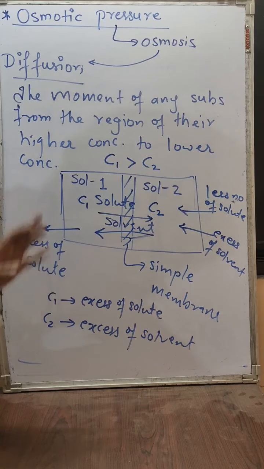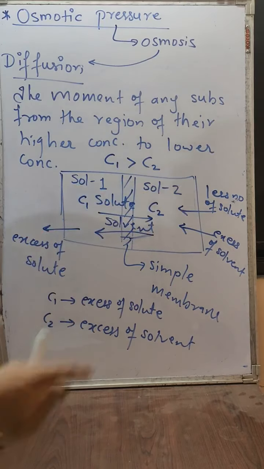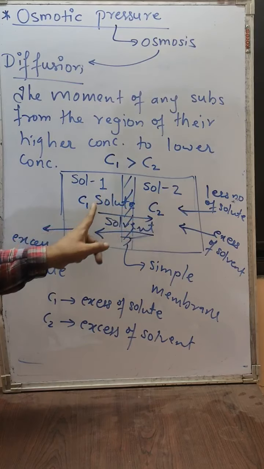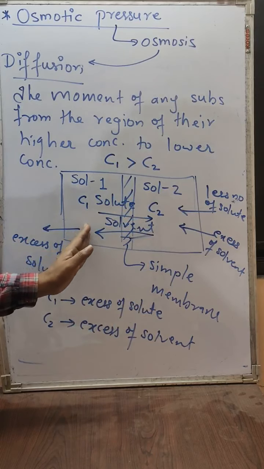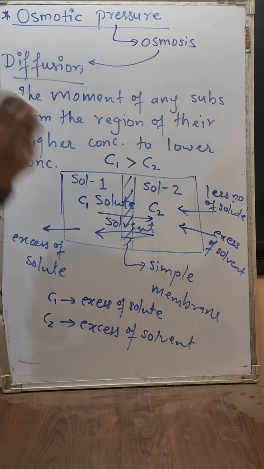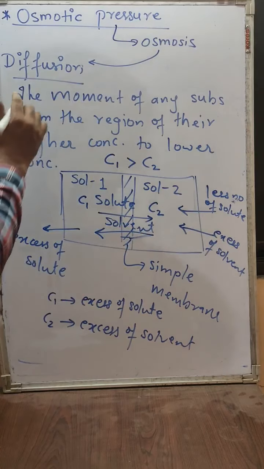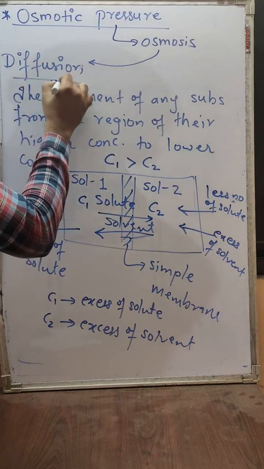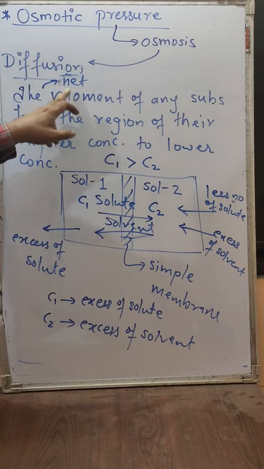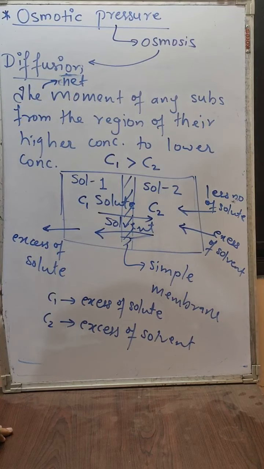Now, the movement of solute will take place in both directions. Solute molecules will flow from here to here, and here to here, as well as solvent molecules will move from here to here. But the resultant or net flow depends on the higher concentration. So we can say the net or resultant movement of any substance is from the region of higher concentration to the lower concentration.